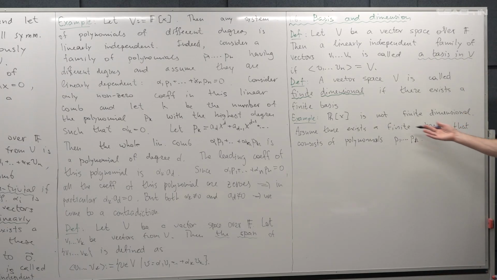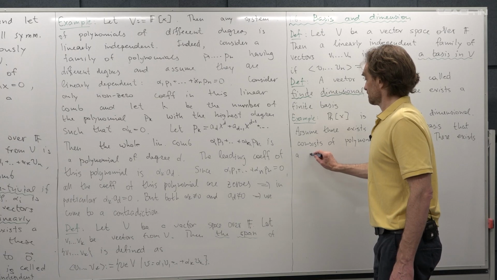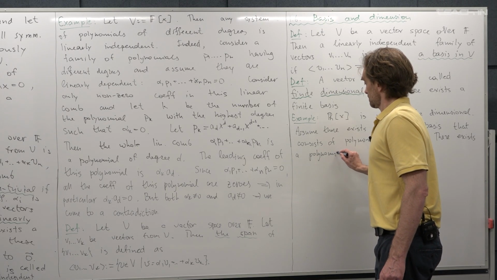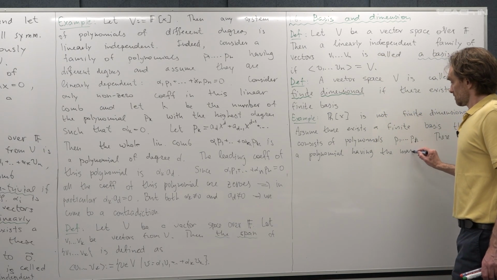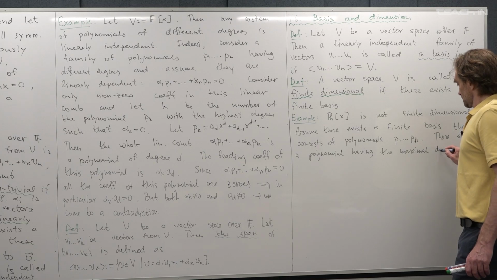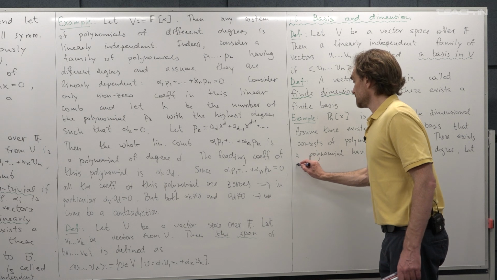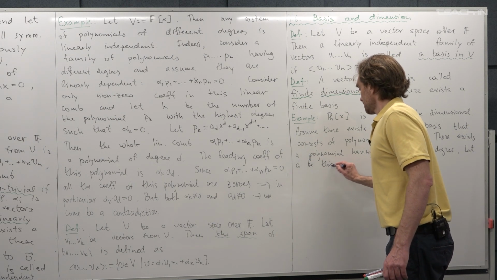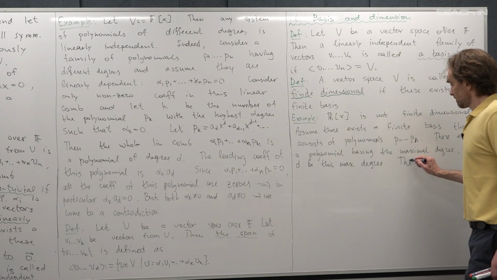Since this family of polynomials is finite, there exists a polynomial with the maximal degree, I mean the maximal degree among these polynomials. So let D be this maximal degree.